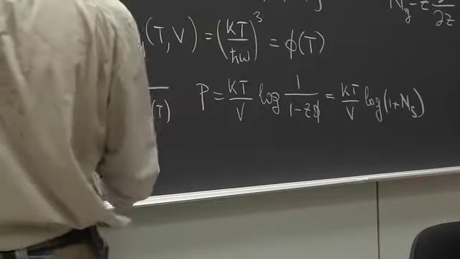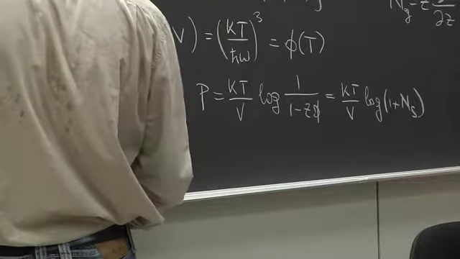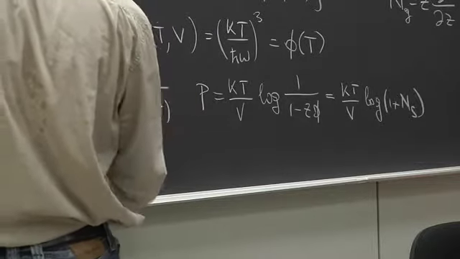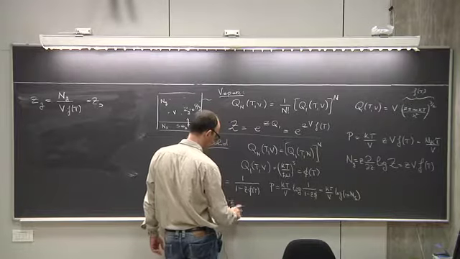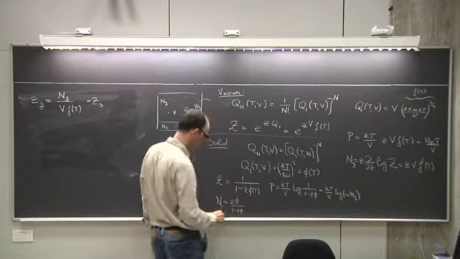And this is z times 1 minus zφ, and then times φ.